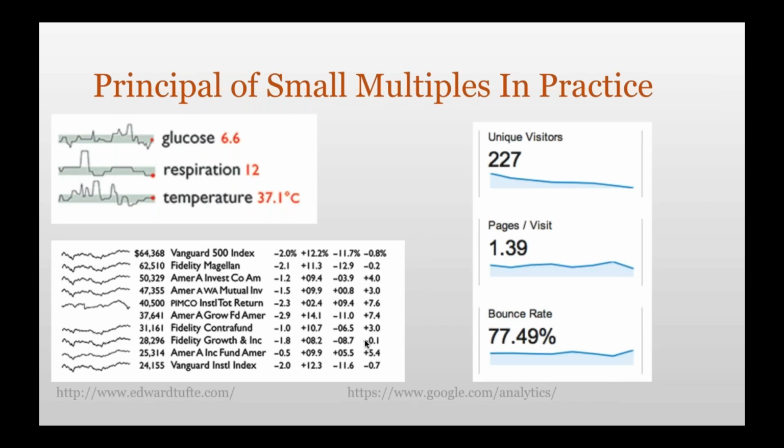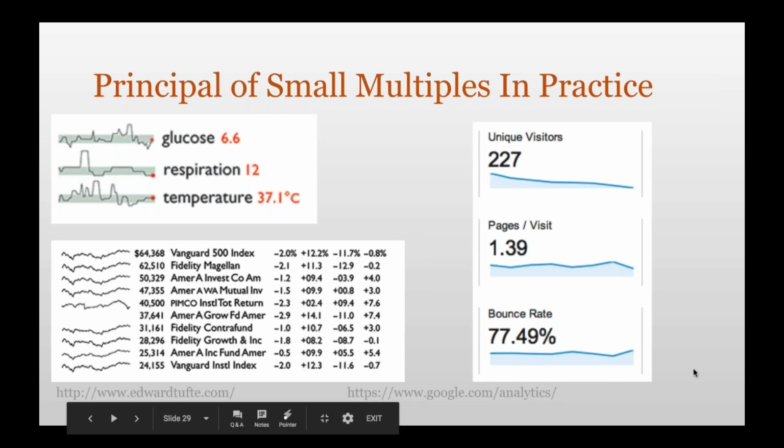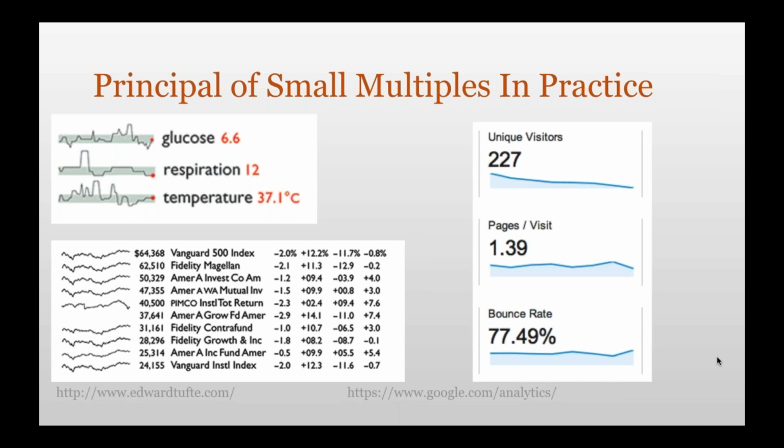So looking at it in practice, a lot of these sorts of spark lines are used out there. This is an example of looking at different portfolios, different index funds.